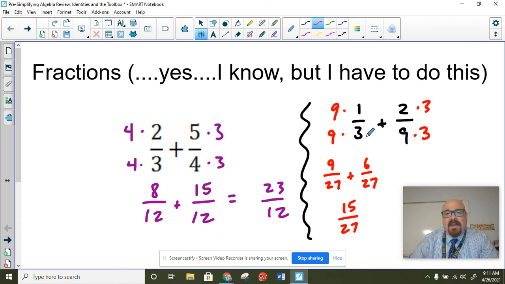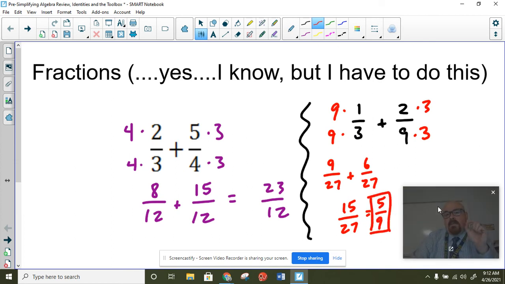In doing this method, which is the fastest way to do it, I don't necessarily end up with the least common denominator. So I may have a sum that has to be reduced. Both of these are divisible by 3. So we get 5 over 9 as our final answer. So we're cutting some time in the beginning, but we're having to add that at the end because we may have to simplify what we get when we do this method.